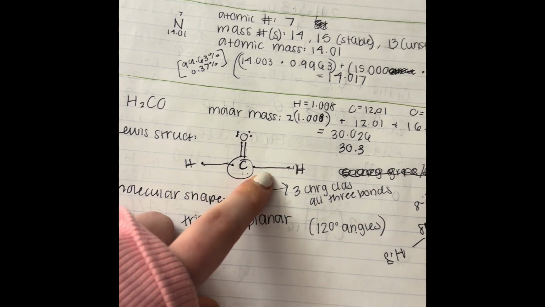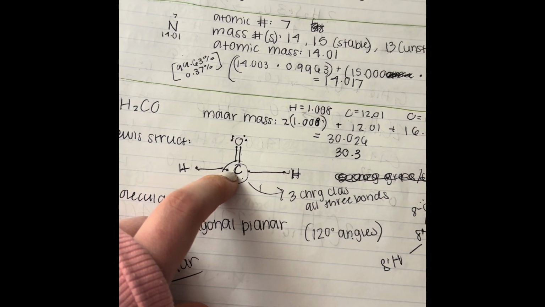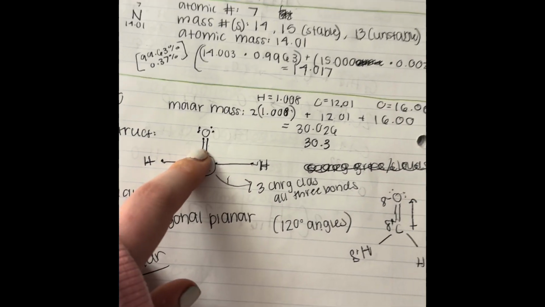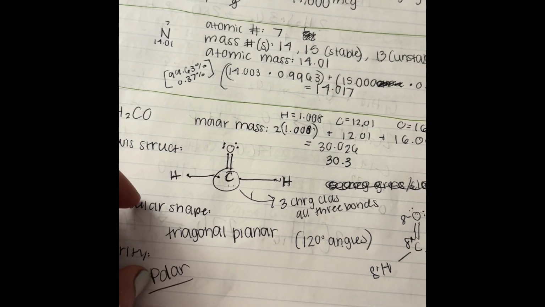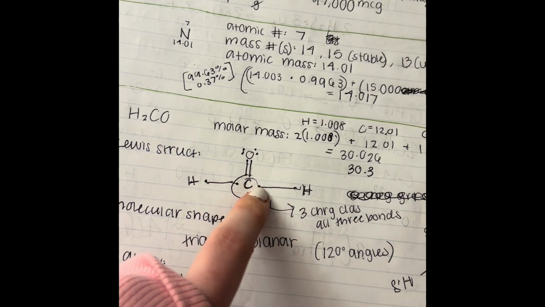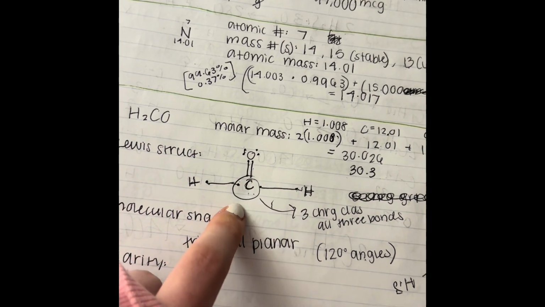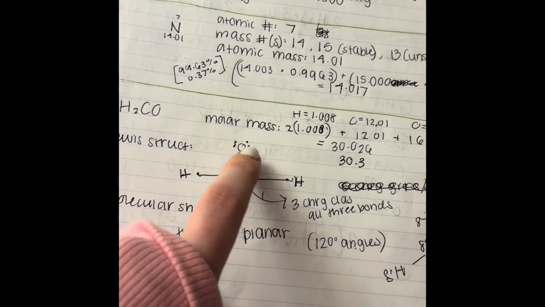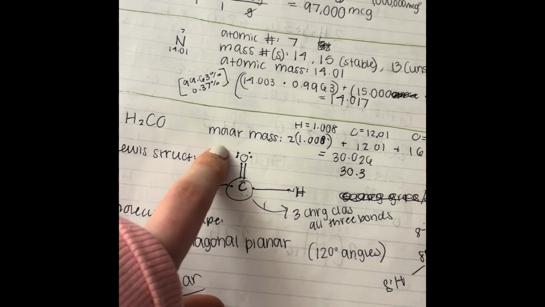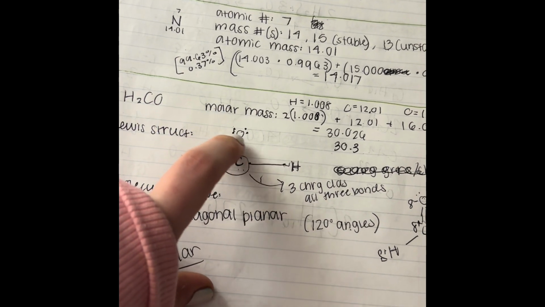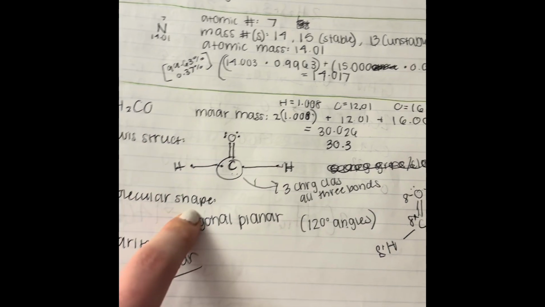And it's important to note that, like I said, carbon has 4 valence electrons and it wants 8 to form an octet. So it does have 8 now. So it originally had 1, 2, 3, 4, but now it has 1, 2, 3, 4, 5, 6, 7, 8. And oxygen also has 8 now instead of 6. 1, 2, 3, 4, 5, 6, 7, 8.